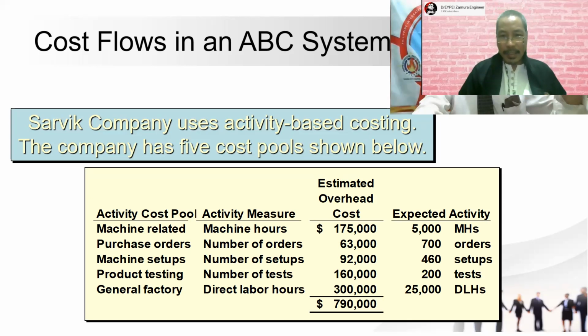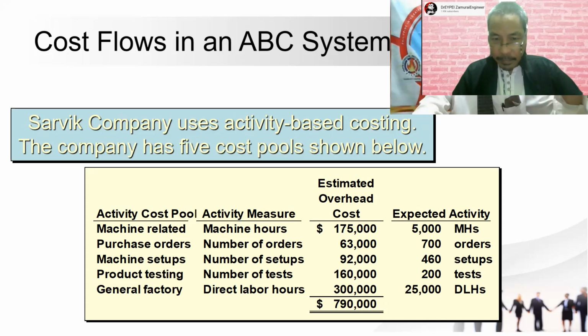So what are the measures? Again, to review, activity measures are like machine hours, number of orders, number of setup, number of tests, or direct labor hours. Okay? Those are example of activity cost pool and activity measure for survey company. Okay. So we have what? Estimated overhead cost for the next column. So the third column here.